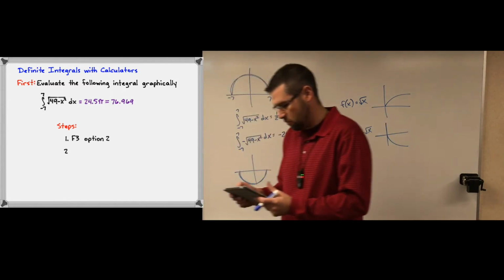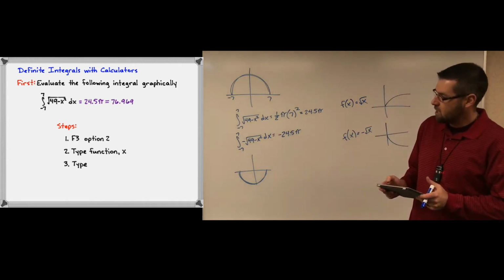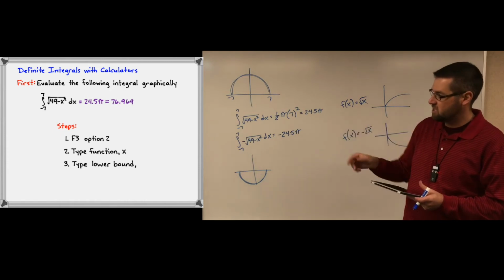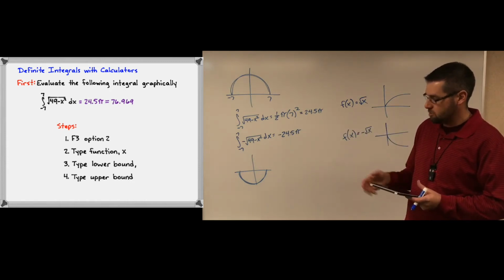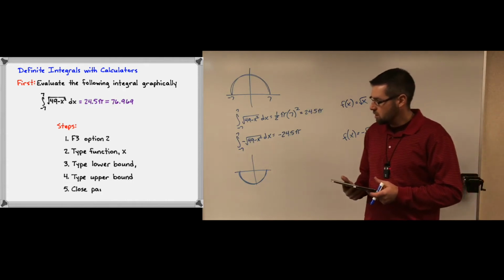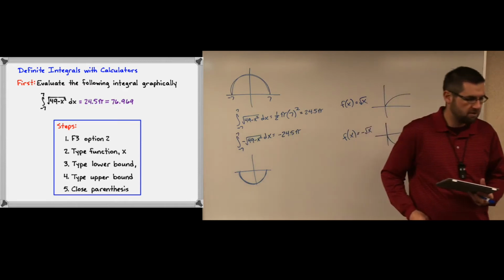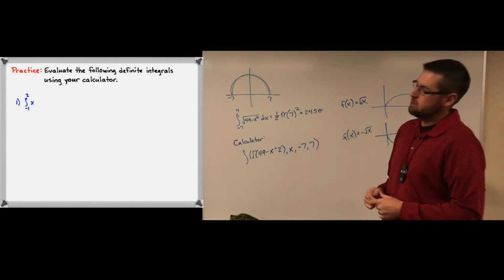Okay, so second 7 works too. Then type the function in, comma x, and then comma lower bound, so in this case negative 7, comma upper bound, in this case 7. And then close the parentheses, and you've got it, okay? Make sure you have the same answer. So use your calculator to evaluate these.